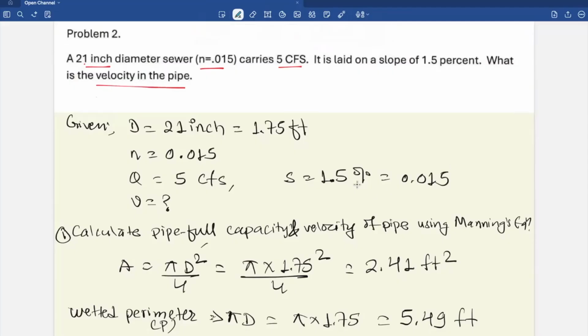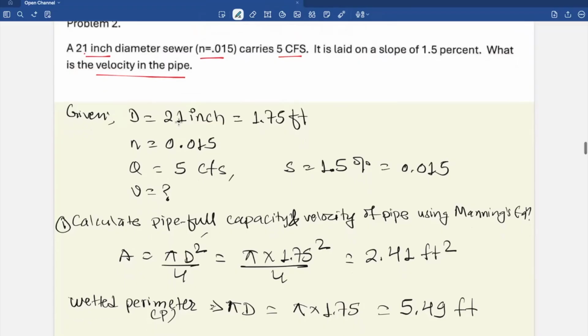So here the scenario is a sewer pipe that isn't running full, and we need to find the actual velocity. We will be using Manning's equation for finding Q full and velocity full, and let us rewrite the given terms.